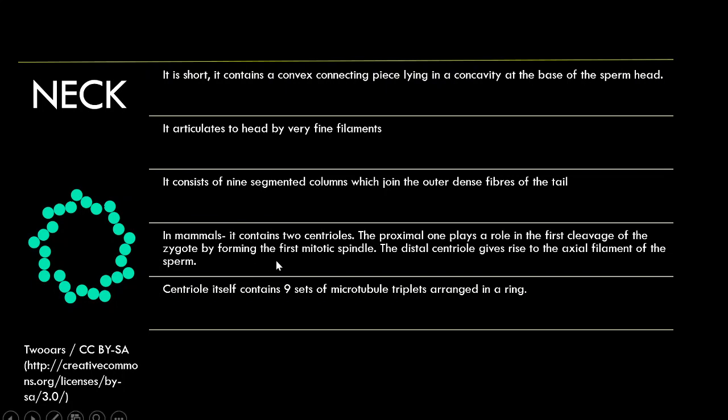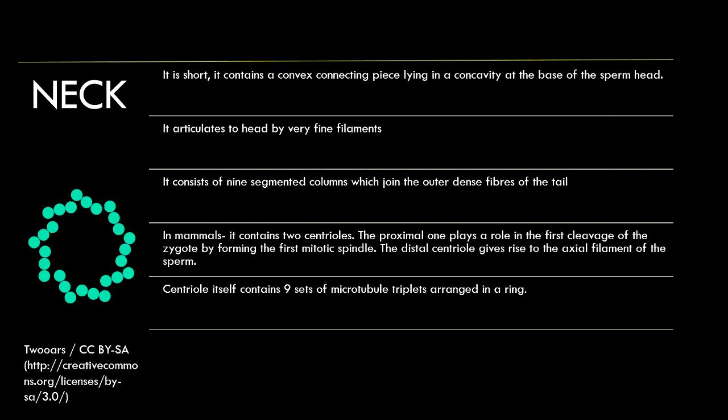In mammals, the neck contains 2 centrioles. The proximal centriole takes part in the first cleavage of the zygote by forming the mitotic spindle, while the distal centriole gives rise to the axial filament of the sperm. So in mammals, both the centrioles have good functions. The proximal one will form the spindle when the fertilization has taken place.